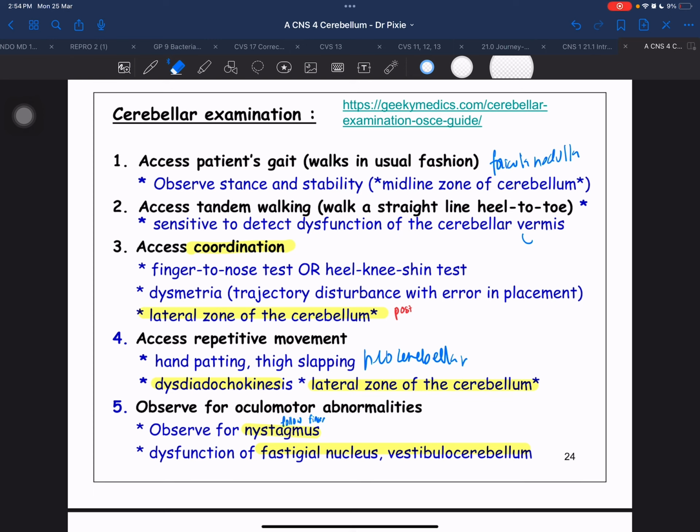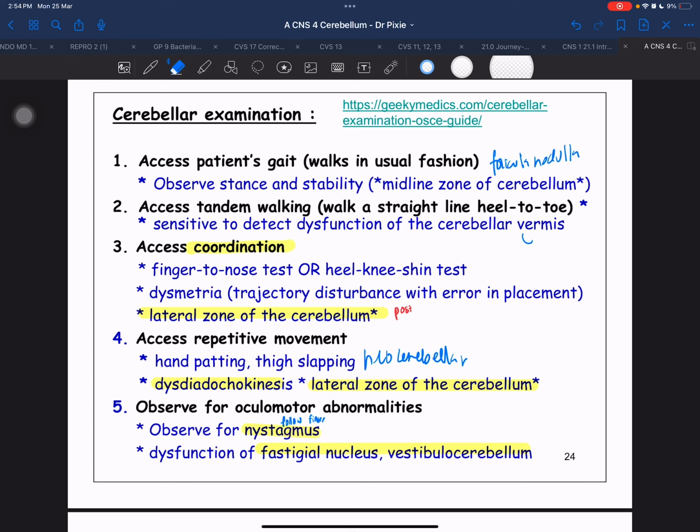This dysdiadochokinesia is also a lateral zone of the cerebellum. If you want to test the lateral zone of the cerebellum, if someone cannot do rapid alternating movement, you will diagnose this as dysdiadochokinesia. How nice, yeah?